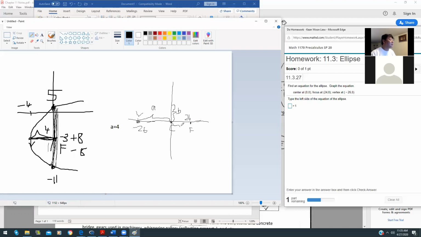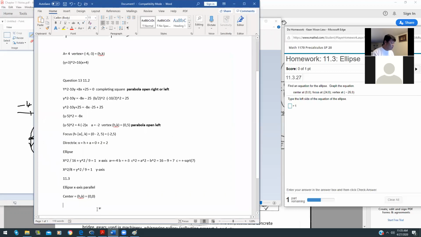The good news is that we know A and C, but we do not know B. A in this case is 26 and C is 24. How do we know this? Because the distance from focus to the center is 24 units and the center to the vertex is 26 units. So that's your A and C.